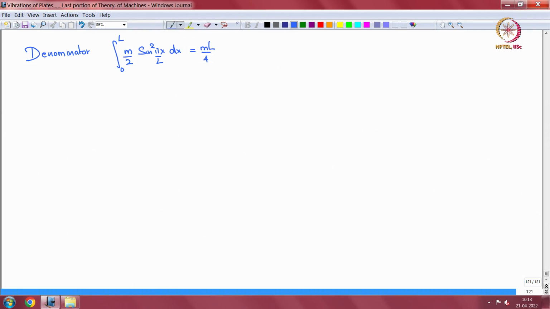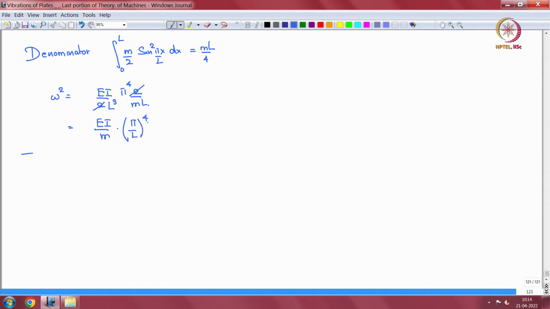Now if I do the equation, I have omega square equal to E I pi 4th by 2 L cube, twice by m L. So this 2 goes, and I get E I by m times (pi by L) to the power 4.